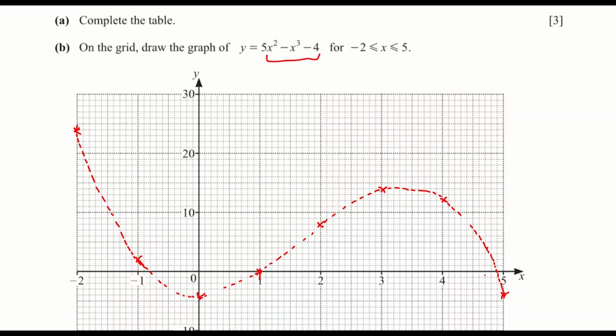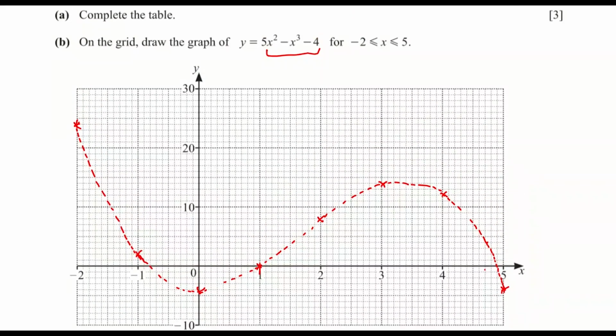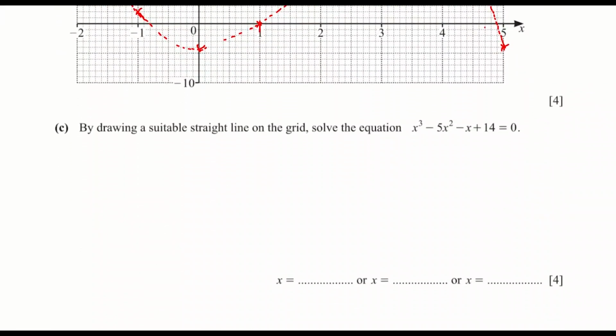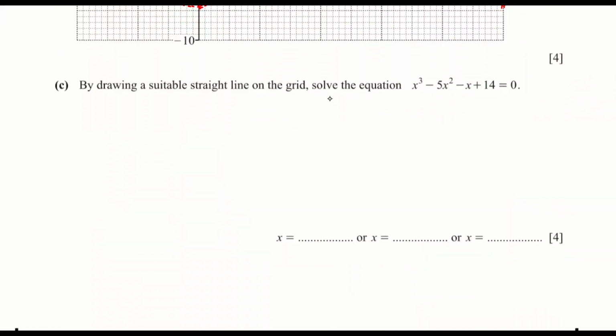That is what we need to do, because that will really help us in the solution. Okay, so let me write the equation given in part B. You have y equals 5x squared minus x cubed minus 4. So that is what we are given in part B.